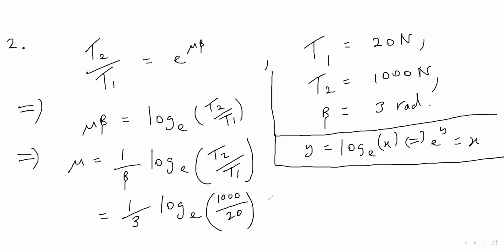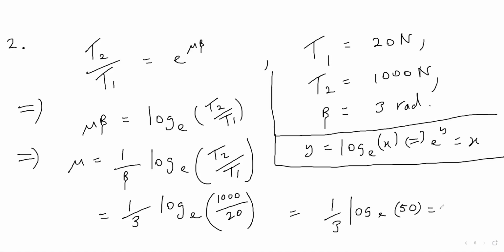So now we have this, and this is mu. This is our solution. You can simplify it, because it simplifies to 1 over 3 multiplied by log E of 50. 1,000 divided by 20 works out to be 50. You can leave it like this because that's the answer.